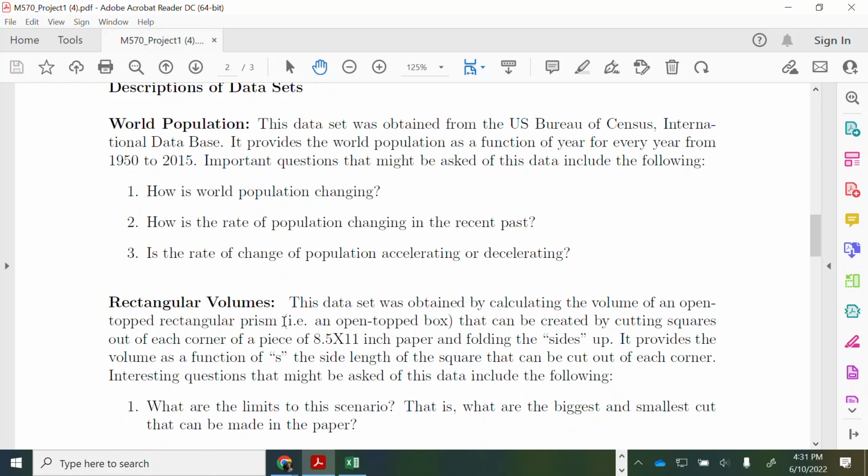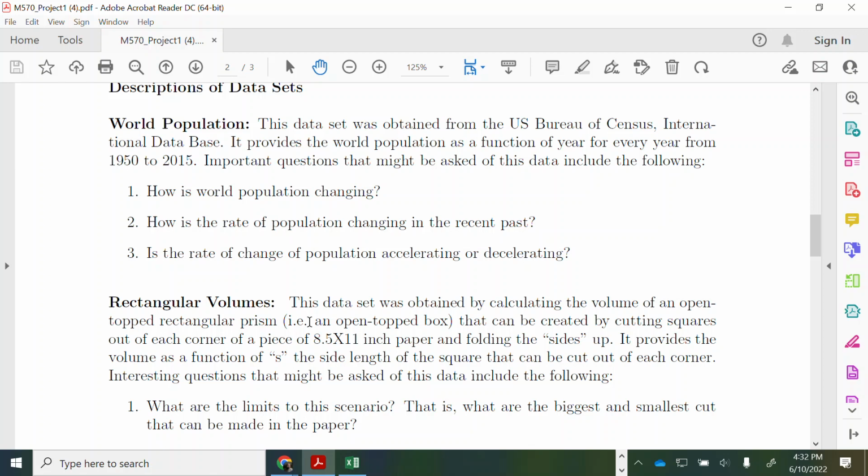There's one data set that, if you're a geometry fan, might be for you. The data set was obtained by calculating the volume of an open top rectangular prism. That's just a fancy way of saying an open top box that can be created by cutting squares out of each corner of a piece of 8.5 by 11 inch paper and folding the sides up. It provides the volume as a function of s, the side length of the square cut out of each corner.